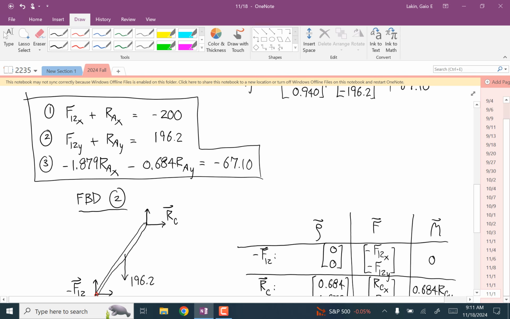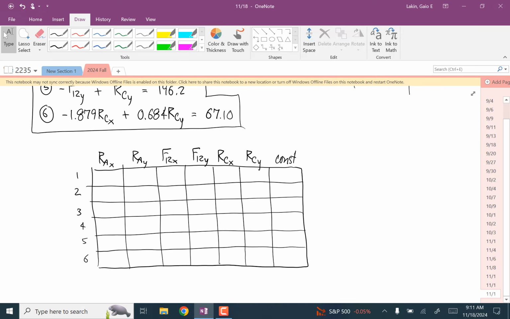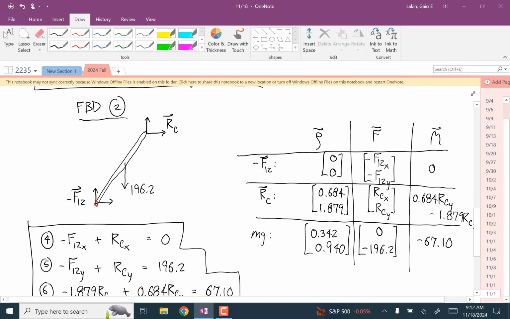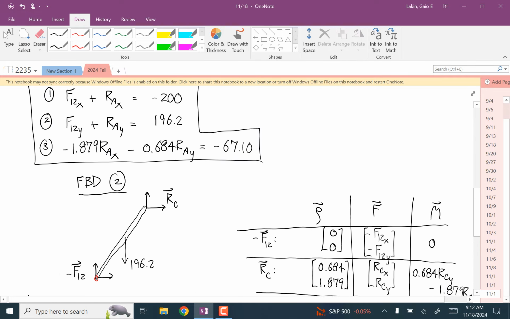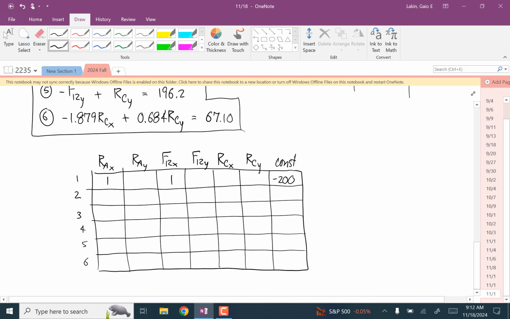Okay, so the first equation, RAX 1, F12X 1, constant negative 200. If you find a mistake I make, I'll be happy because I did this right before class and I don't think my answers are right. Then F12Y plus RAY is positive 196.2. So RAY is 1, F12Y 1, constant 196.2.